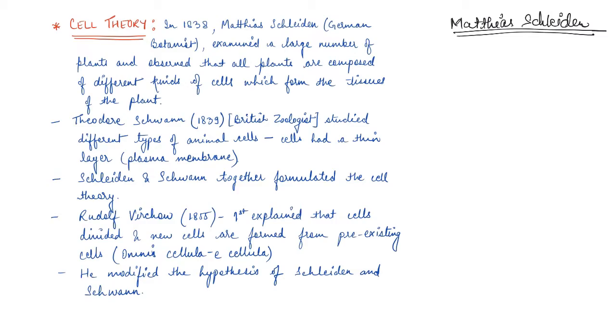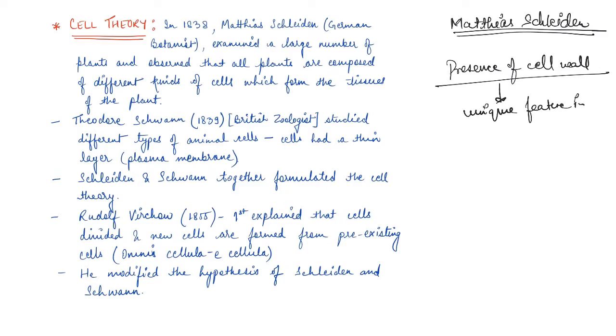He also studied plant cells after that, and he concluded that there is a presence of a cell wall, which was a unique feature of plant cells.